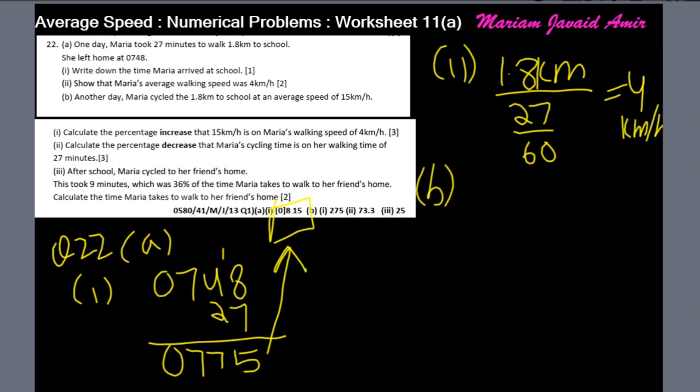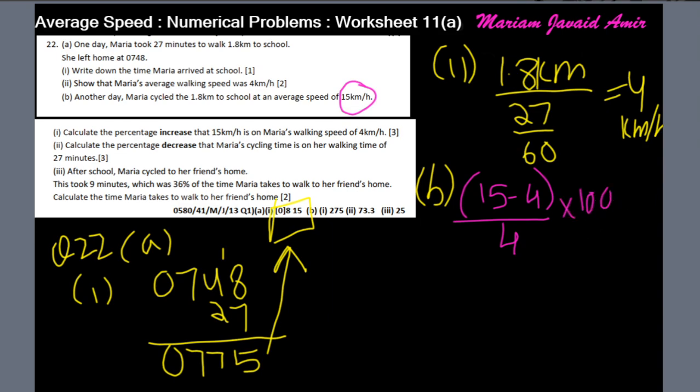Part B. Another day Maria cycled 1.8 kilometers to school at an average speed of 15 kilometers per hour. Calculate the percentage increase that 15 kilometers per hour is on Maria's walking speed of 4 kilometers per hour. Percentage increase is found by writing increased value in the numerator over original value, which is 4, times 100.